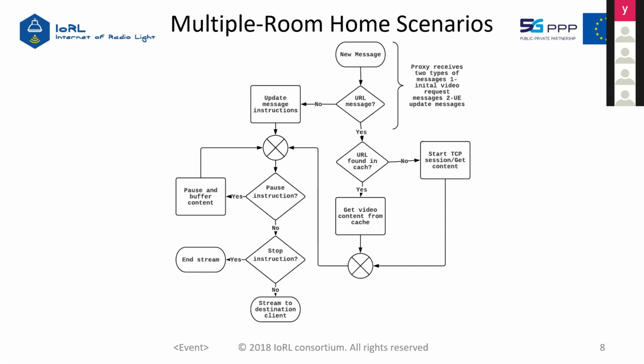This is the deployed network topology that we use for multiple room home scenarios. The proxy receives 2 types of messages as well: the initial video request and update messages. It asks if it's a URL message. If it's a URL message, it looks for it in the cache.